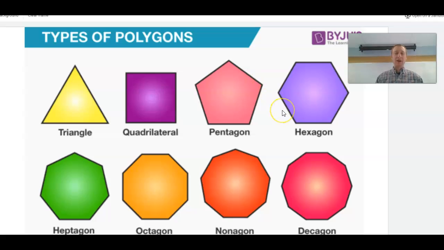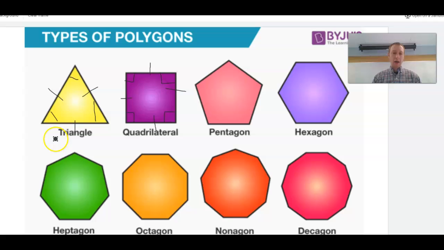There's lots of different types of polygons, and we name them based on the number of sides and angles they have, right? So a triangle has 1, 2, 3 sides and 1, 2, 3 angles. A quadrilateral has 1, 2, 3, 4 sides and 1, 2, 3, 4 angles.